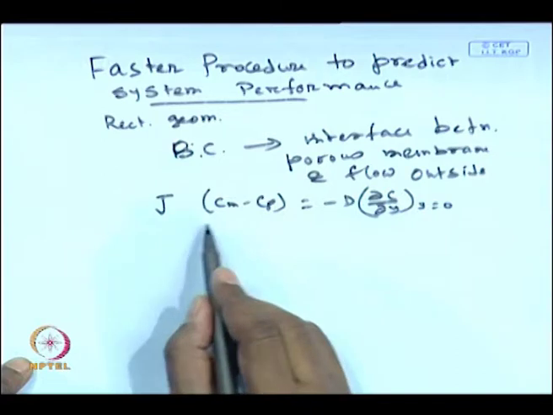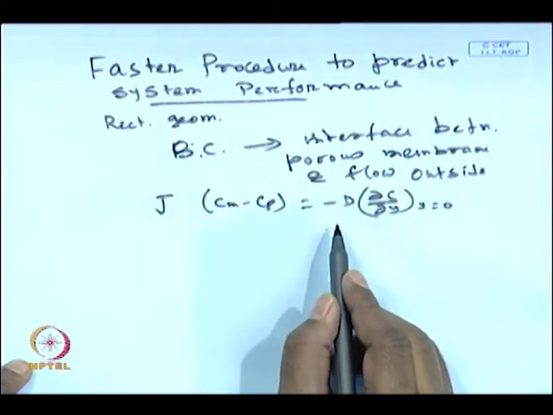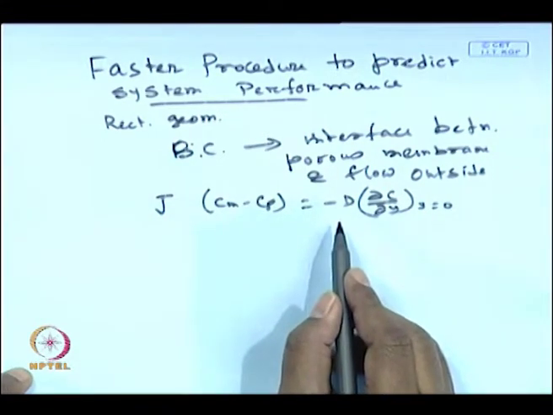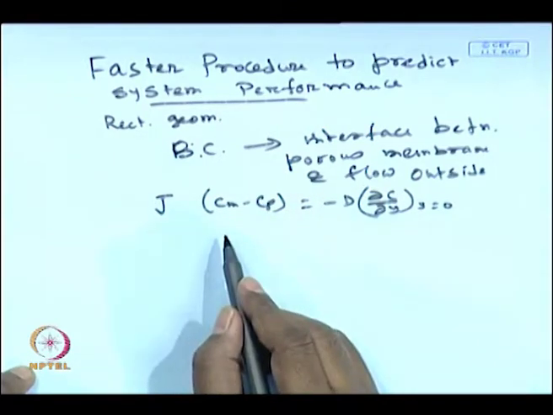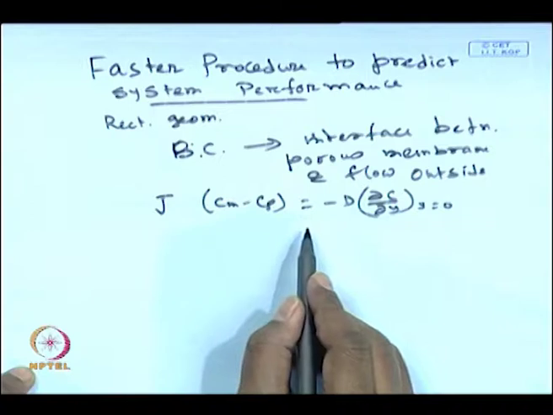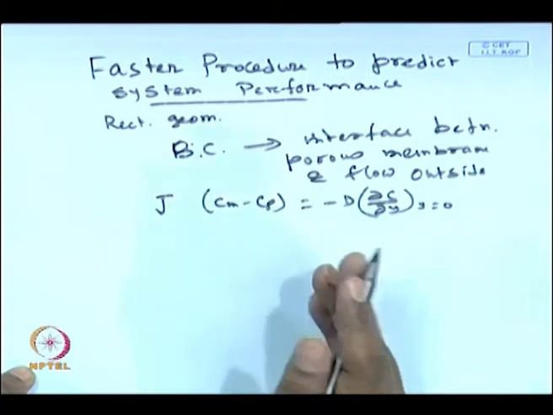Now this relationship is valid for every x location in the channel. That means if you talk about a control volume between x and x plus delta x, this relationship will hold good. That means it will be valid for every x location.